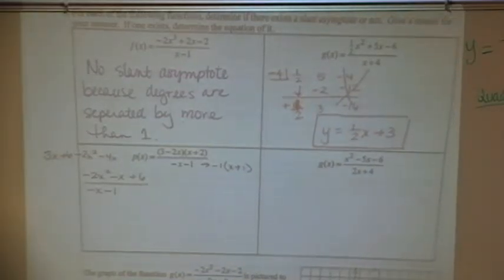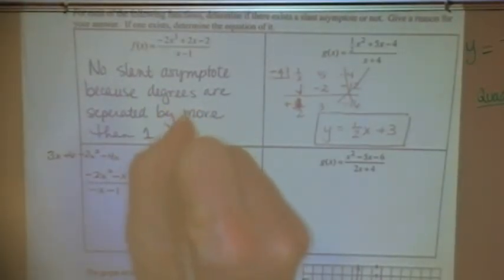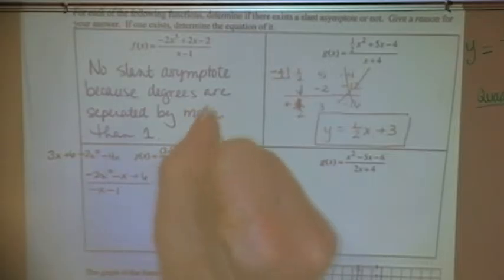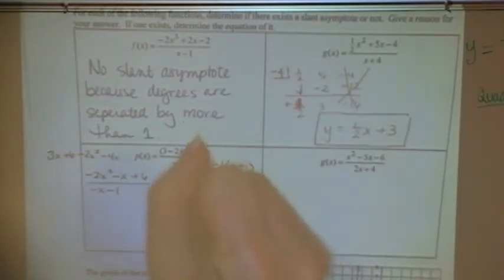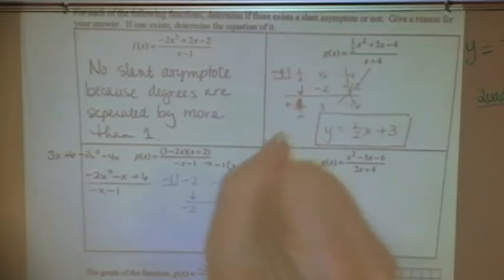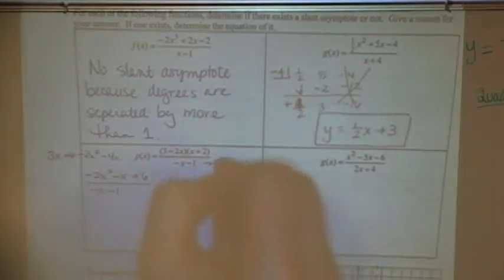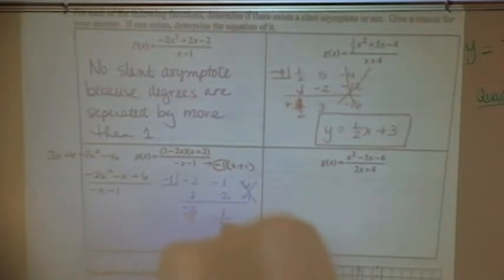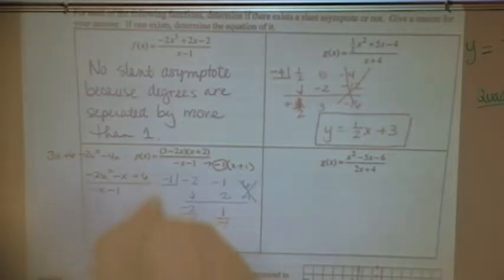It also means there's a -1 in the box because of this piece. So I got y equals 2x minus 1.